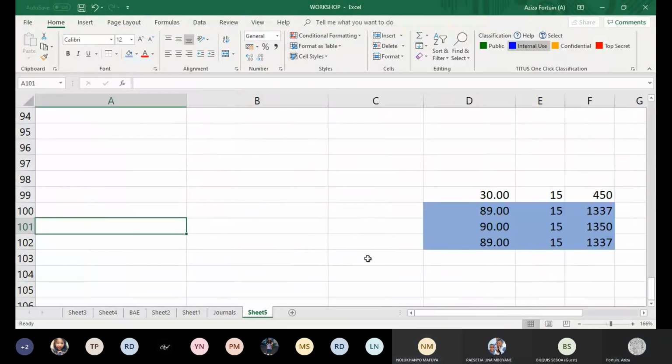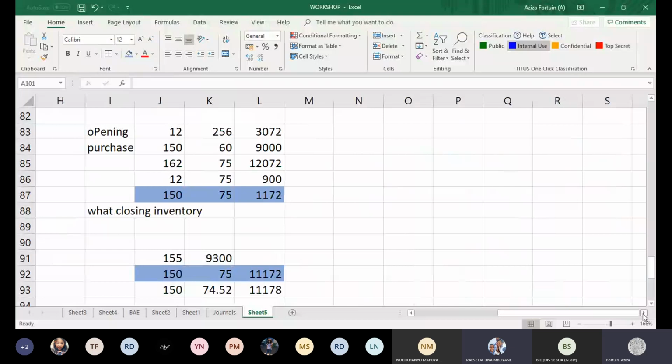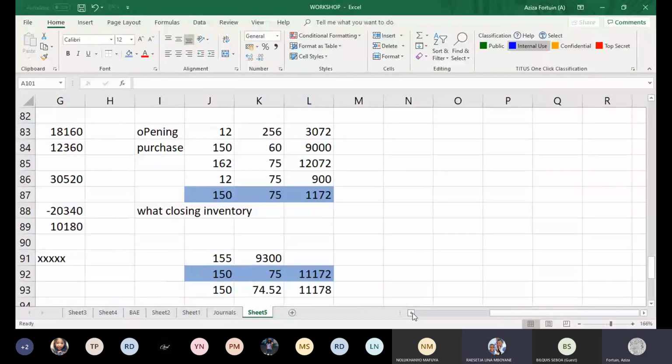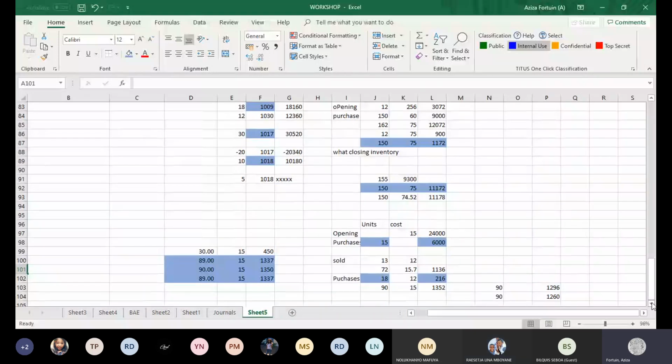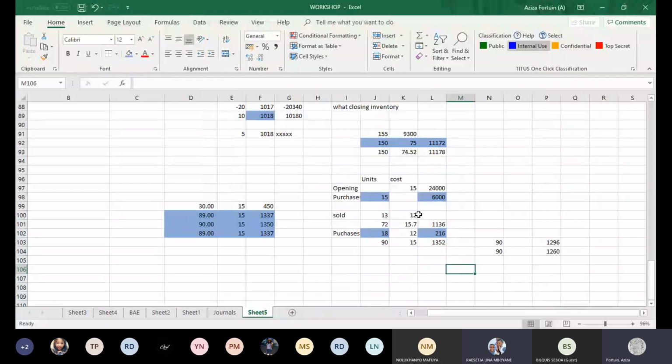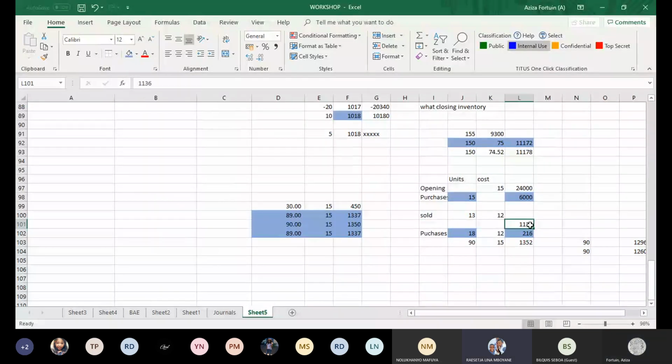Okay, I found it. 13 times 12. Okay, purchase 18 and I said at 12.